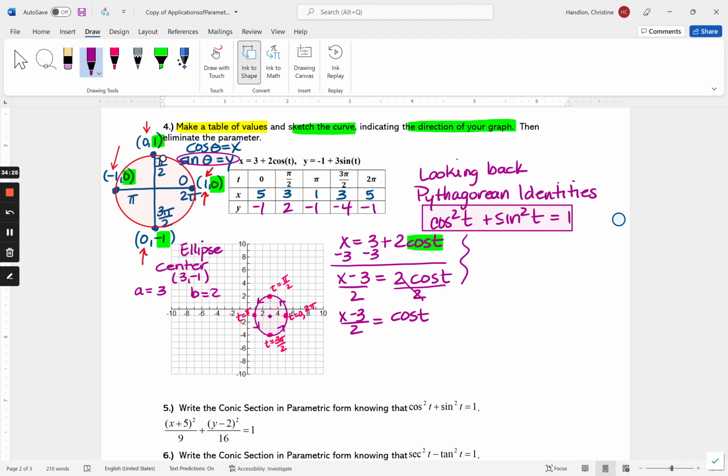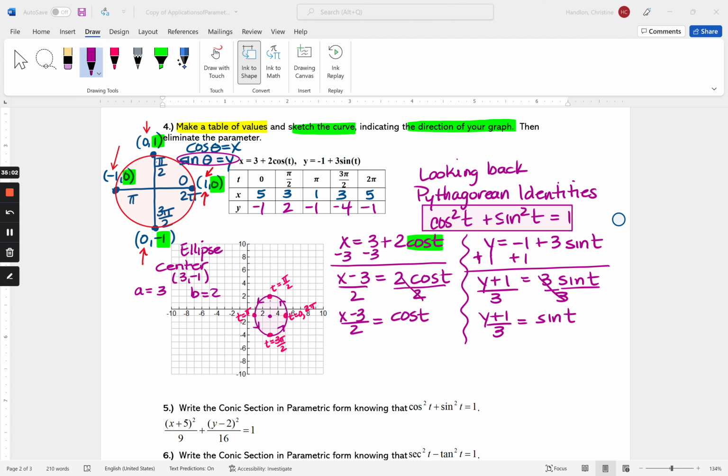I'm going to do the same thing with the other equation, y equals negative 1 plus 3 sine of t. I'm going to add 1 on both sides, so y plus 1 equals 3 sine of t. I'm now going to divide by 3 on both sides so that those 3's can cancel. And now I have y plus 1 over 3 equals sine of t.